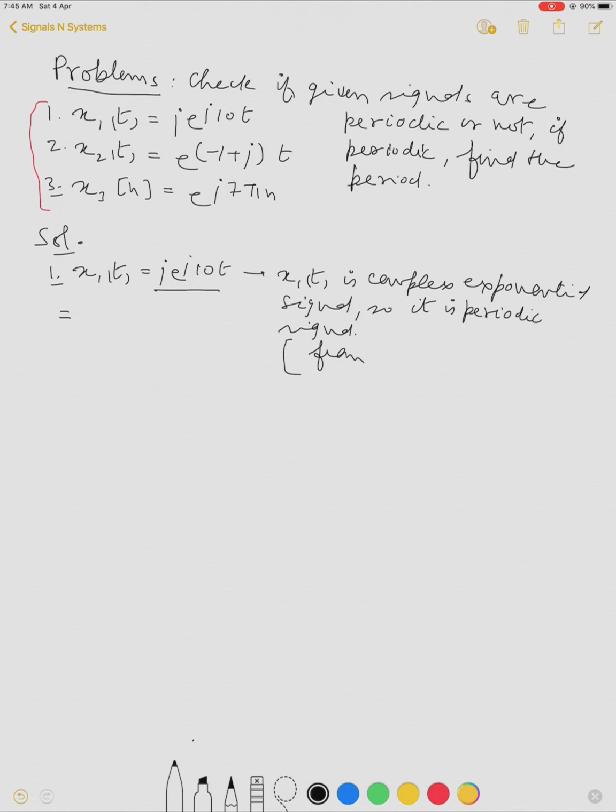From complex numbers, we know that e raised to the power j pi by 2 is nothing but j, and e raised to the power minus j pi by 2 is nothing but minus j.